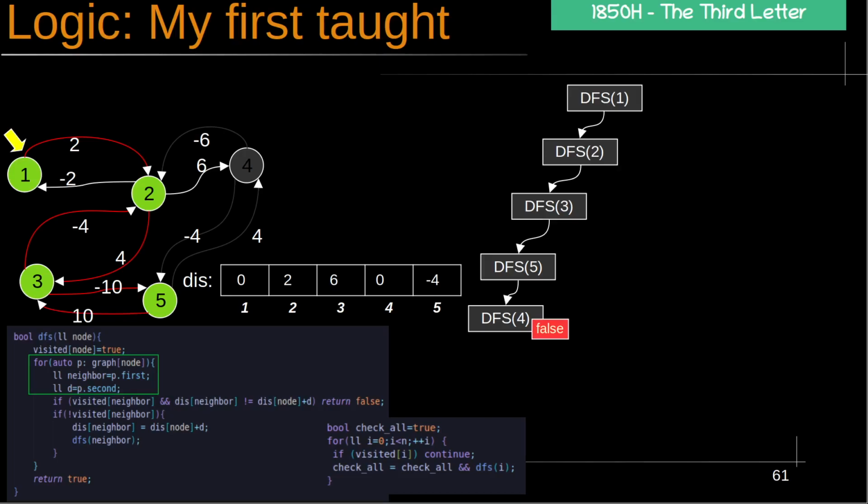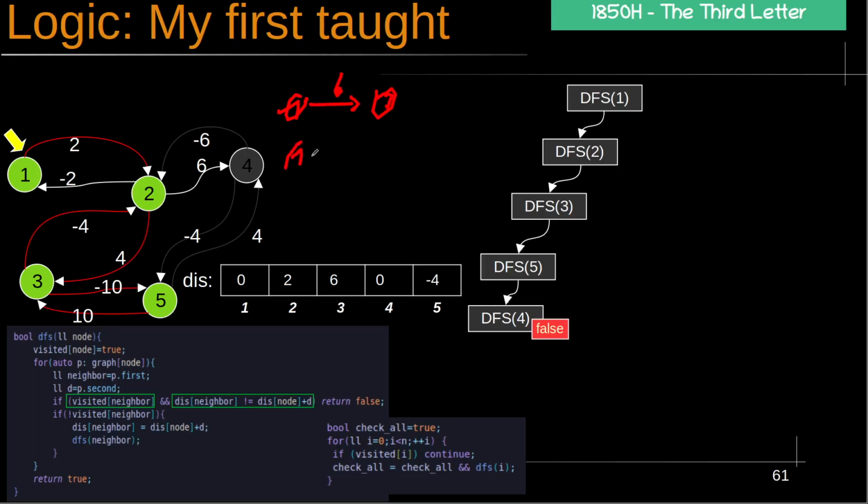We have 3, so now 3 is visited, and we check if the distance from 1 to 3 is the same as the distance from 1 to 3 passing by 5, which means here the distance from 1 to 3, which is 6.